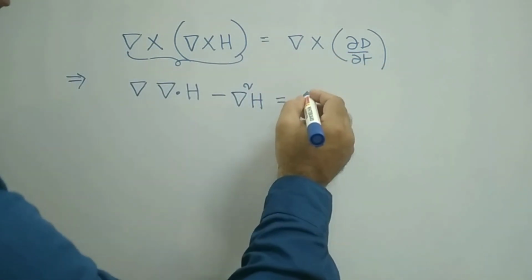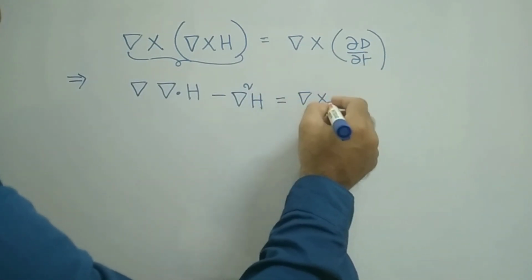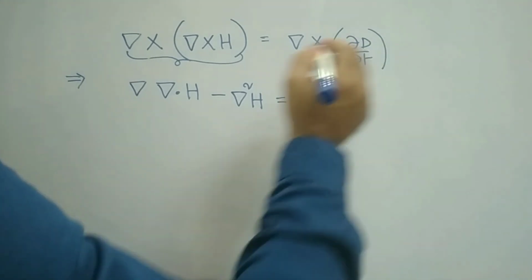Now the right side is del cross of dou D by dou t.